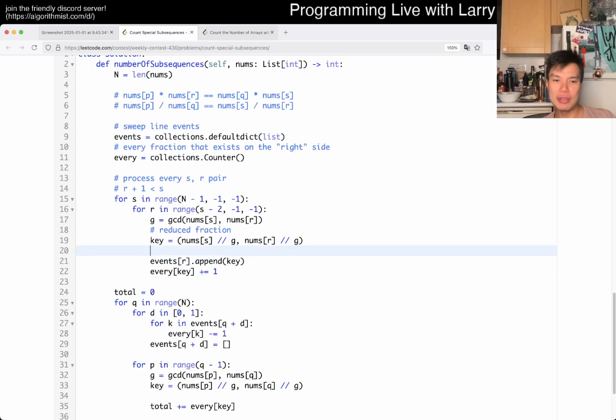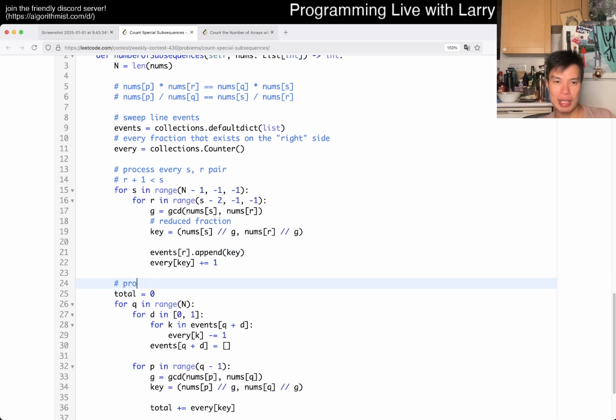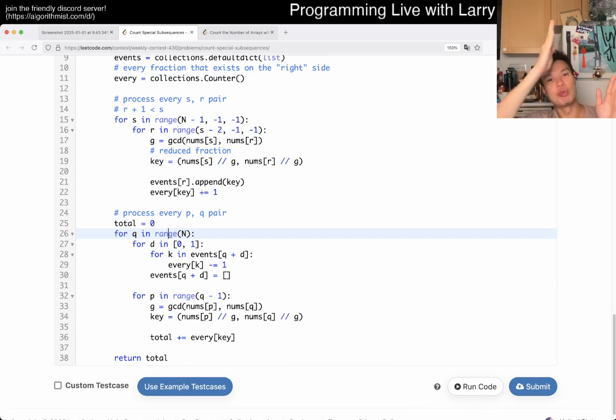And then for every fraction that exists, we add 1, and then we want to add R because R is the event in which we remove an item, right? And then we want to append the key, the fraction, to it, and that's it. And then now we want to process every Q and P pair. I wrote this in this way just because Q is the number that's bigger than P, so we sweep as we go to Q so that we can maintain the invariant.